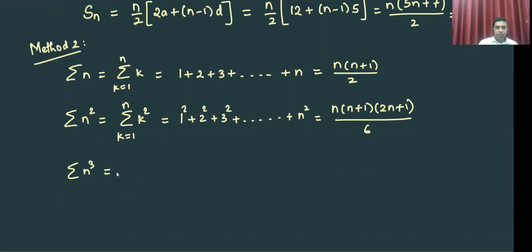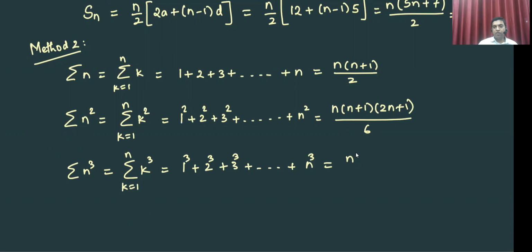These three are the most important results. Sum of the cube of the first n natural numbers, one cube plus 2 cube plus 3 cube plus n cube, is n square into n plus 1 the whole square by 4, which is sigma n the whole square.